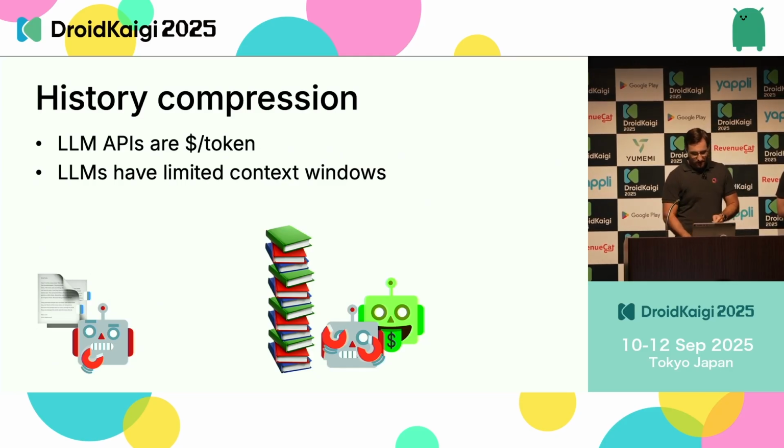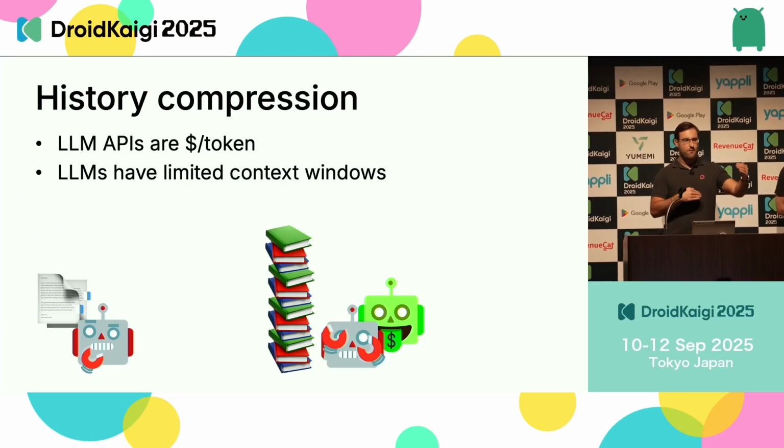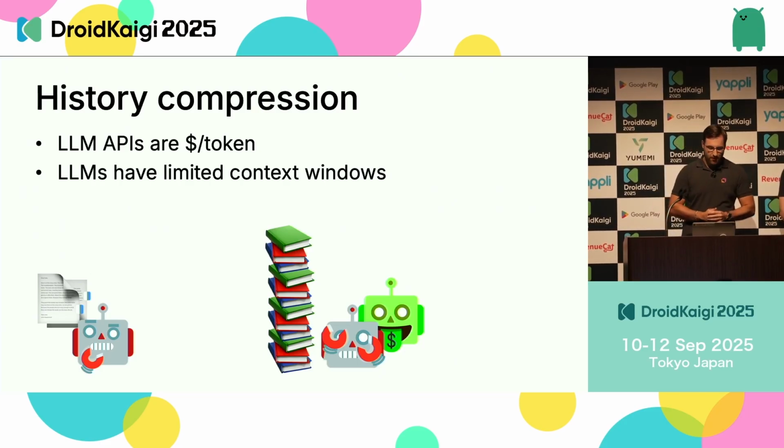Koog provides something called history compression to fix this problem. History compression simply allows you to remove specific parts of the context using strategies so that you can keep in the sweet spot where the application works well.